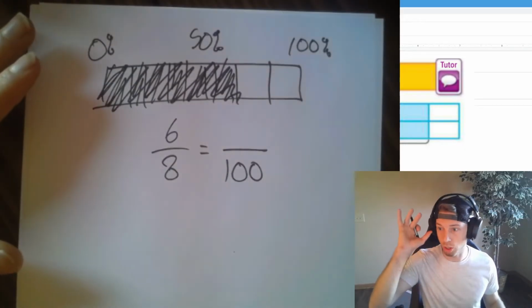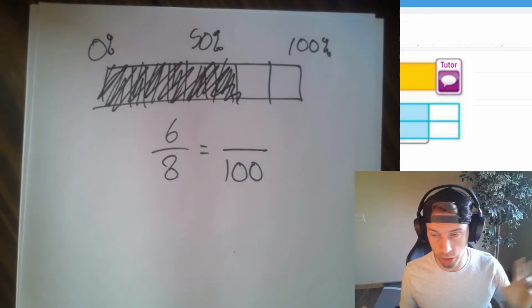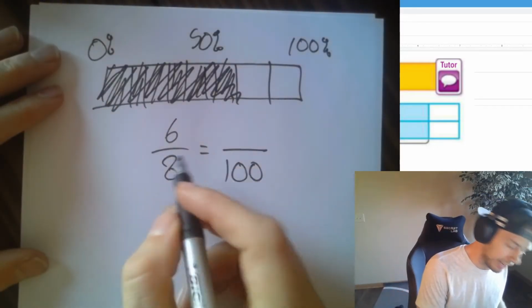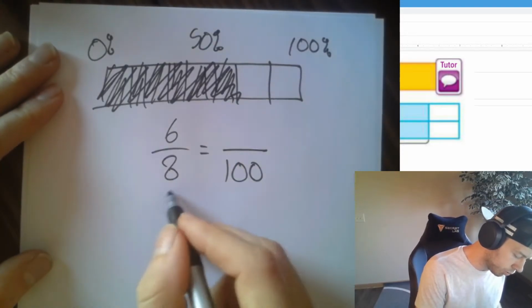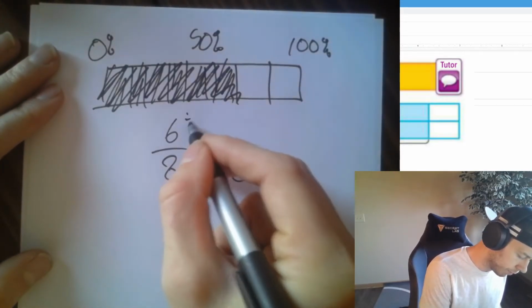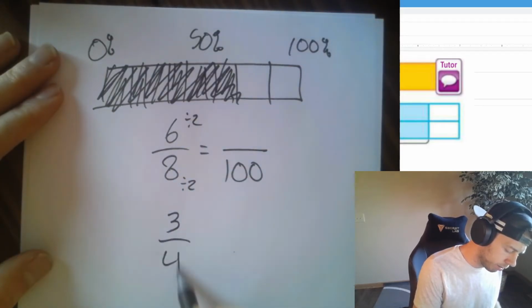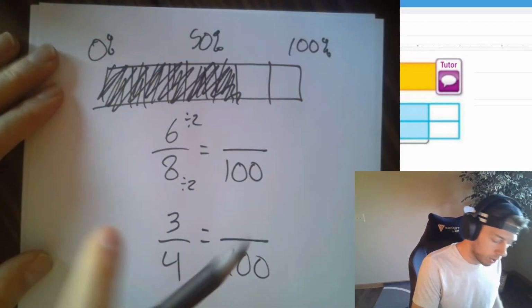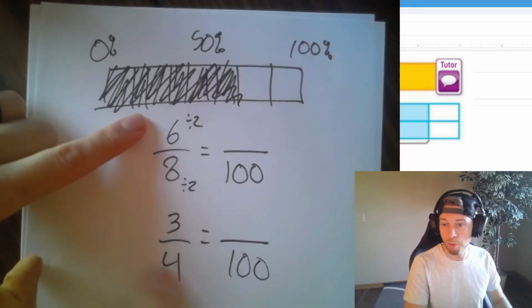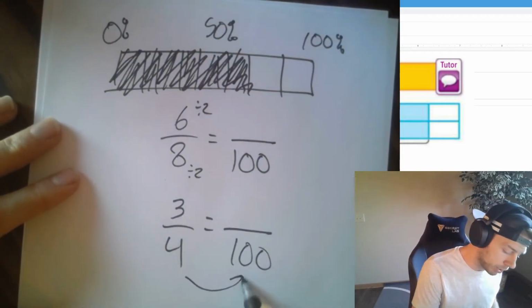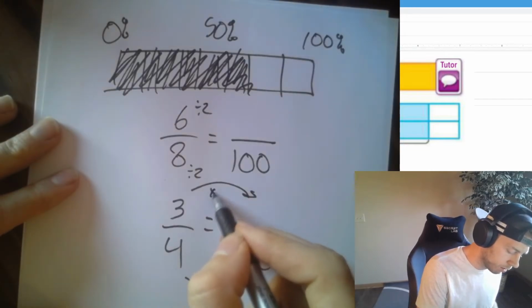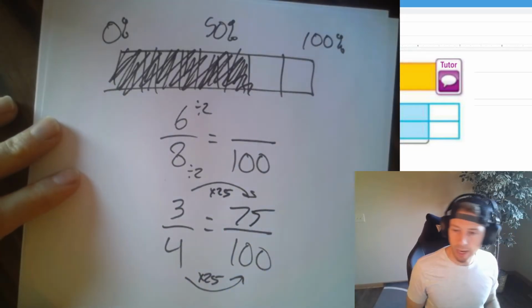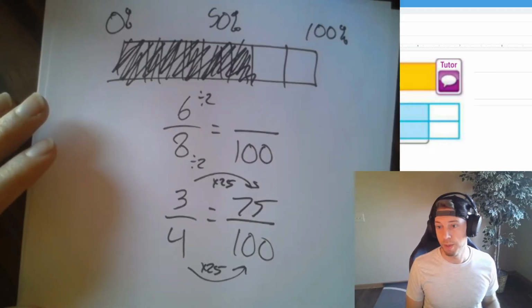We worked a lot on this when we were finding equivalent ratios. 8 won't multiply up to 100, but if we divide by 2, we get 3/4. Now 3/4 is equivalent, and 3/4 will go up to 100, much like we practiced with our ratios. And we get 75 out of 100.